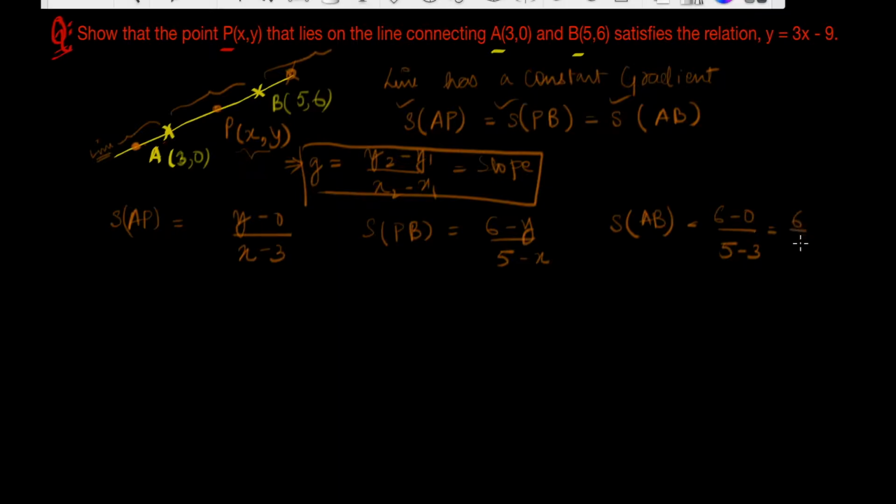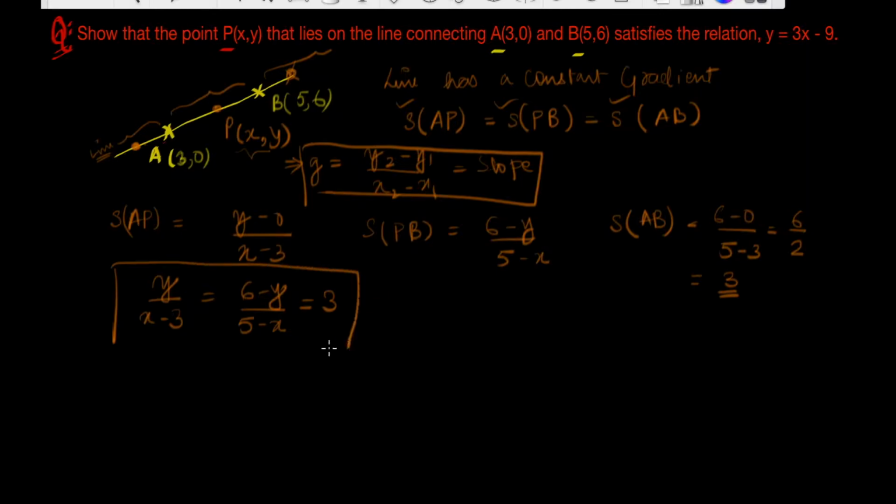That turns out to be 6 over 2, which is nothing but 3. So we have a following set of equation: y upon x minus 3 equals 6 minus y upon 5 minus x equals 3.